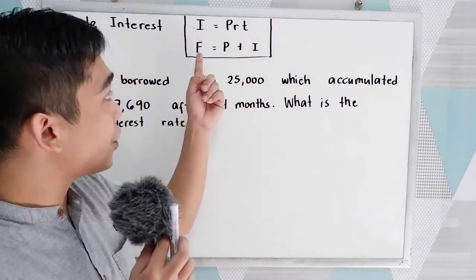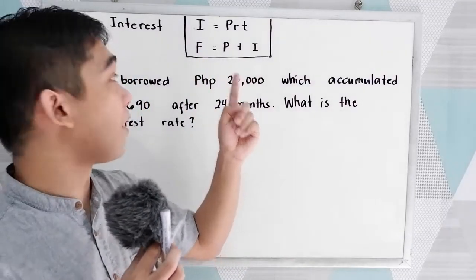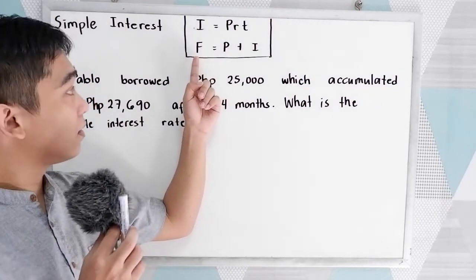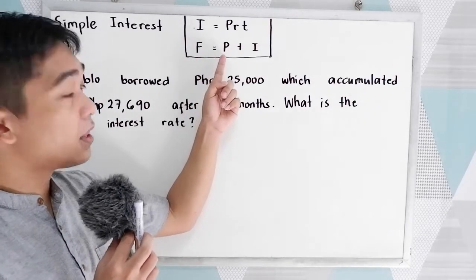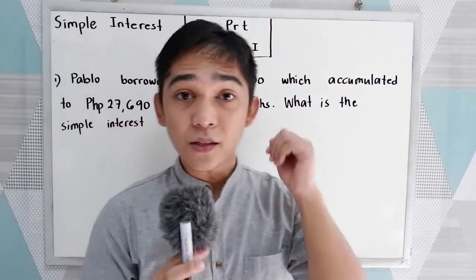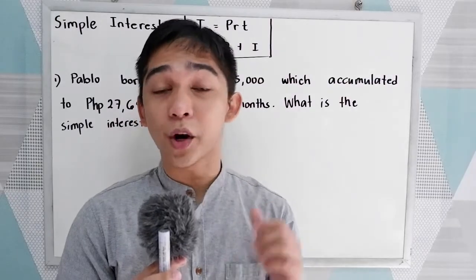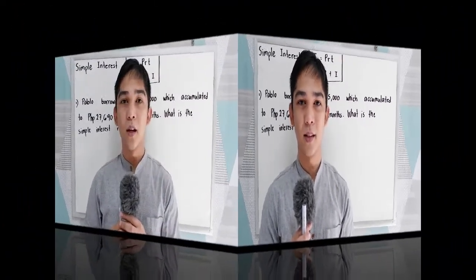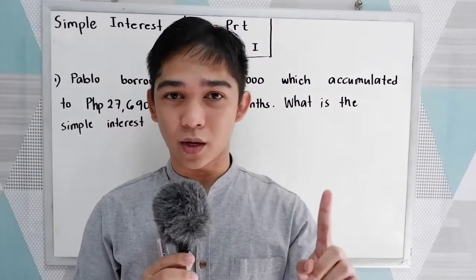And for the future value, or maturity value, we have F is equal to P, the principal, plus the interest. In this video, we will be discussing word problems involving the simple interest. Let's start with problem number 1.